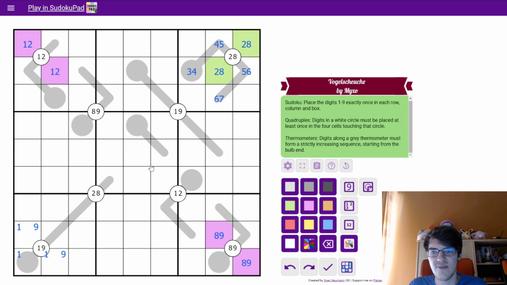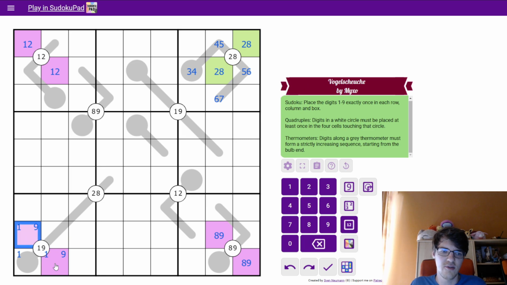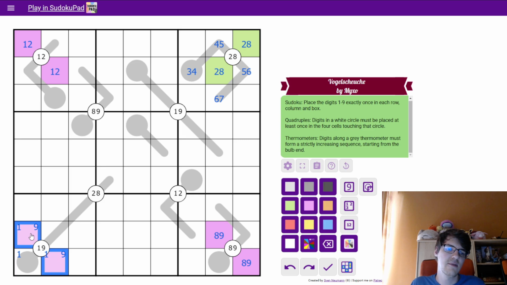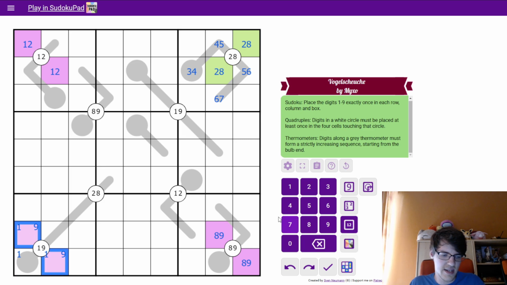And now here we can apply our technique. If we were to put the 1 into the purple cells here, we would get a 1 9 pair in these cells like that. And now we have exactly our weird chain thing case, Oddagon-adjacent chain, whatever you want to call it.